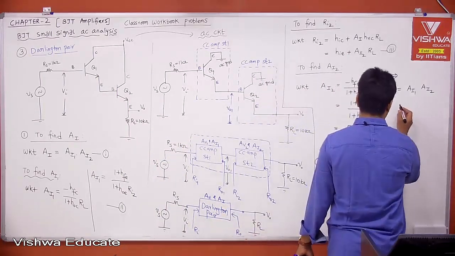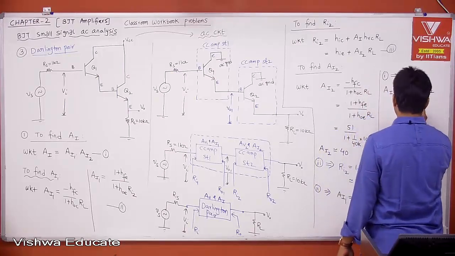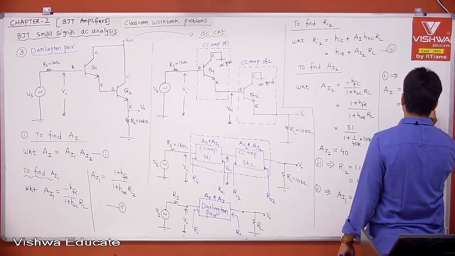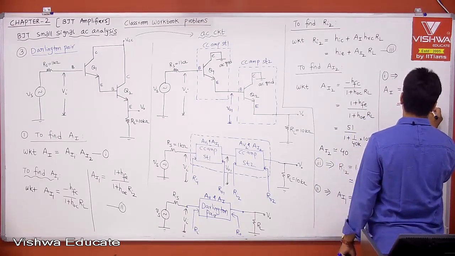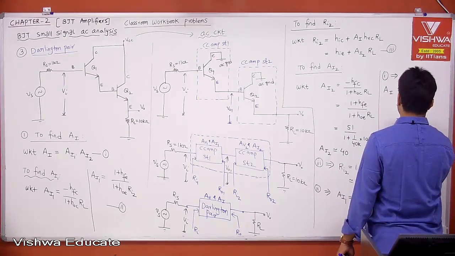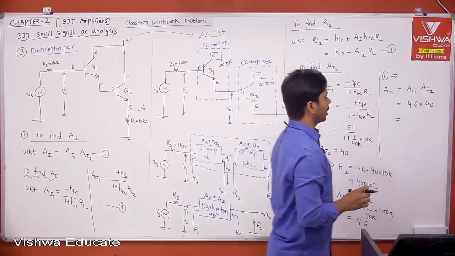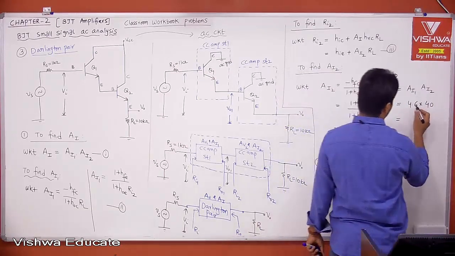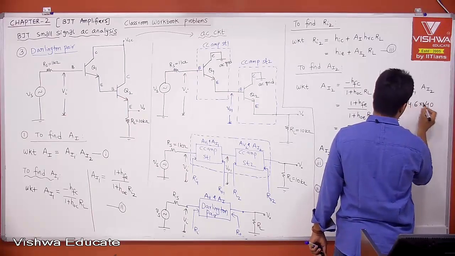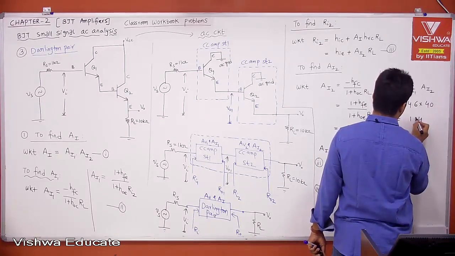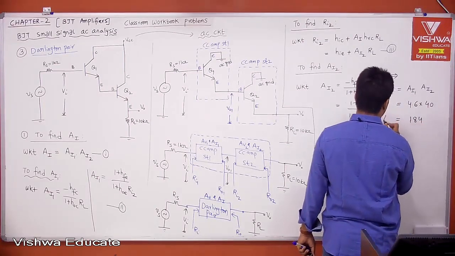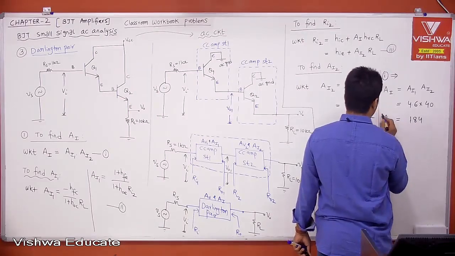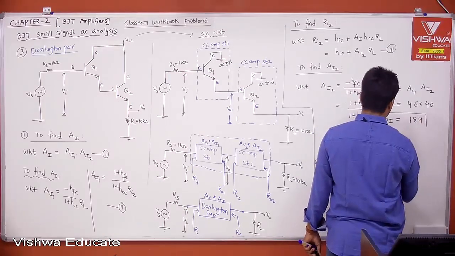Then if you multiply, what is AI1? 4.6 into what is AI2? 40. Then you will get approximately 46 into 4. 4 6 are 24. 4 4 are 16 plus 2. 184. Therefore, you are getting AI, which is 184.